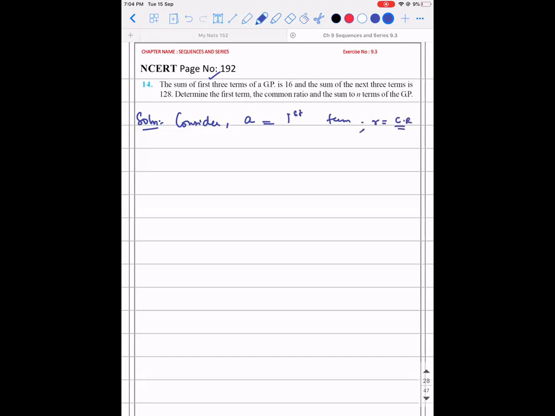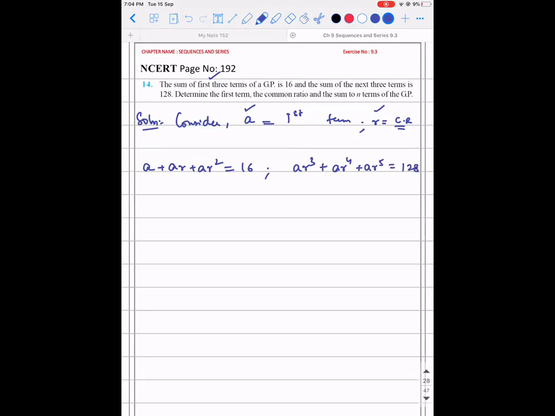Why I am writing this is because the ones which we are considering should not appear in our final answer. So the sum of the first 3 terms means A plus AR plus AR square is equal to 16. Then AR cube plus AR to the power 4 plus AR to the power 5 is equal to 128.